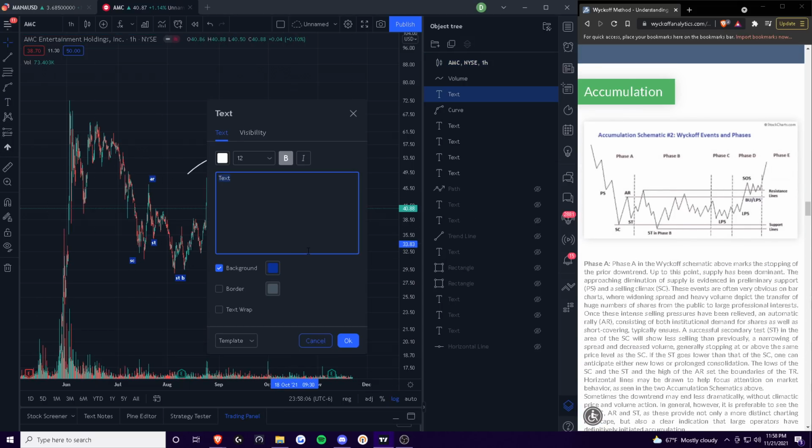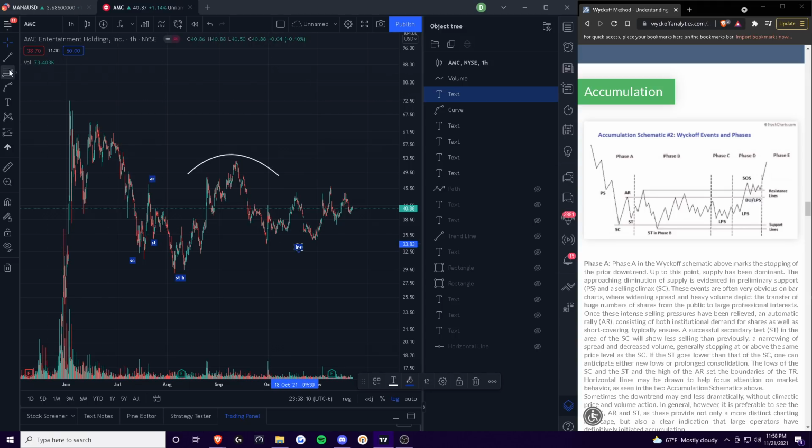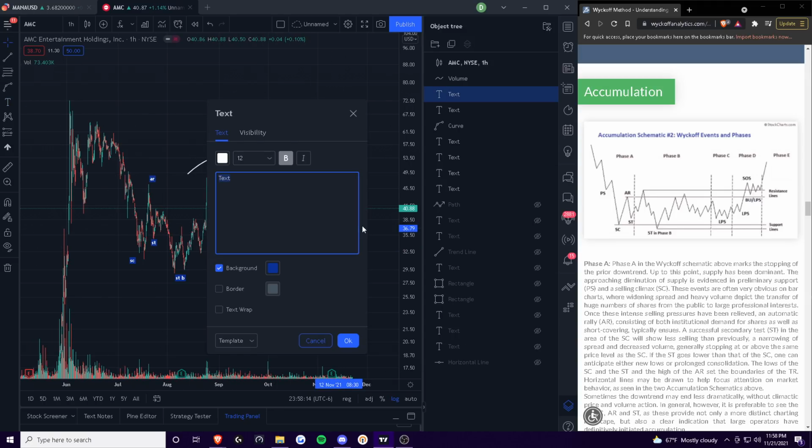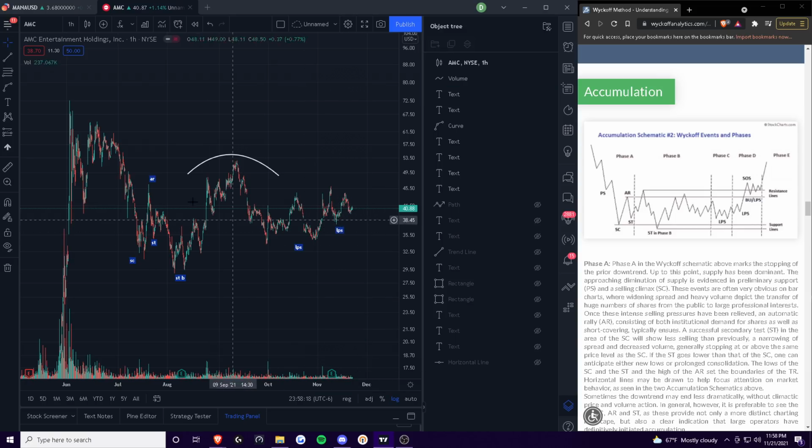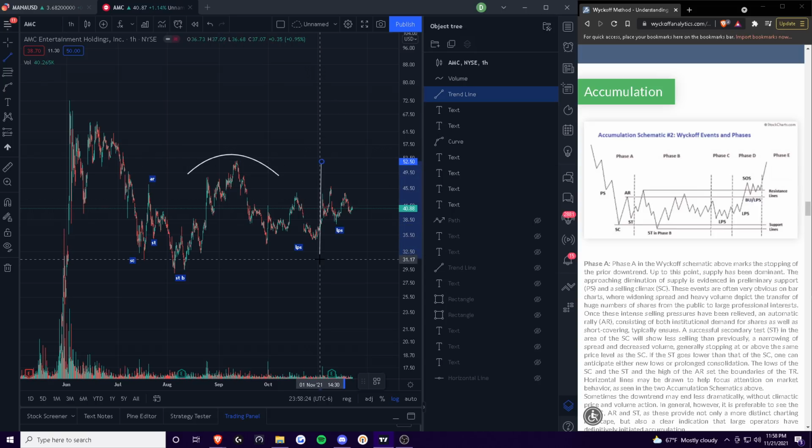So you have like an LPS phase in phase C. And then now I think that you're getting your last points of support here, sort of in phase D. That makes sense. And this is strictly just looking at it from a Wyckoff perspective, right? So we're not considering the bull pennants or anything like that so far.